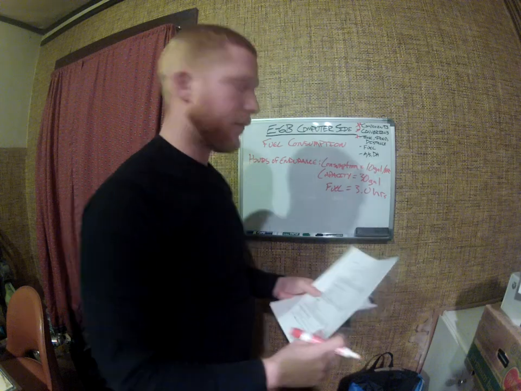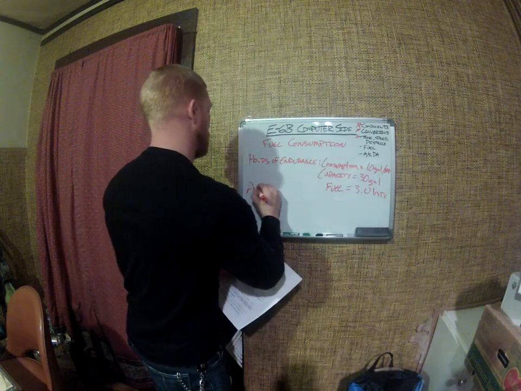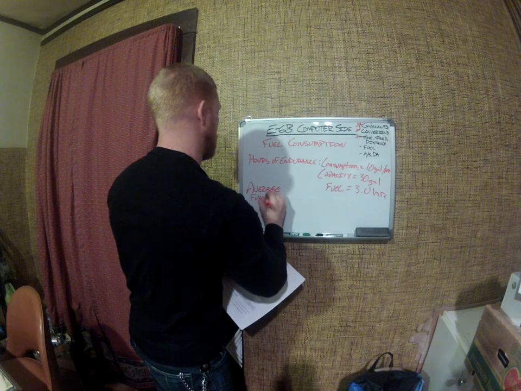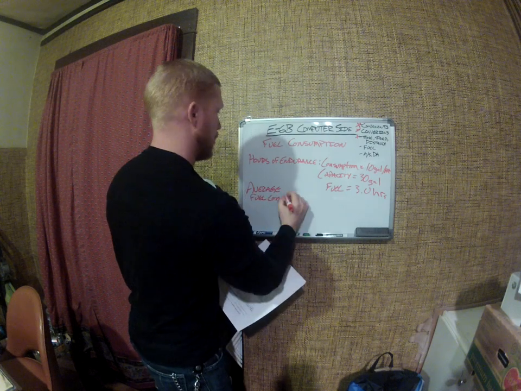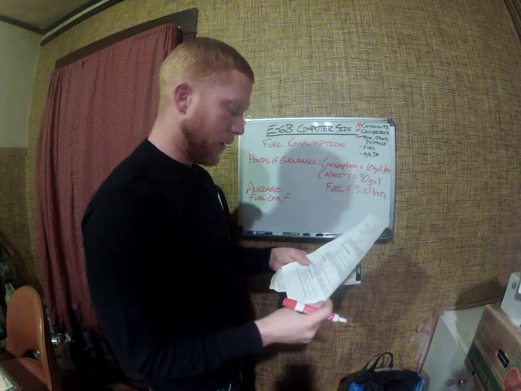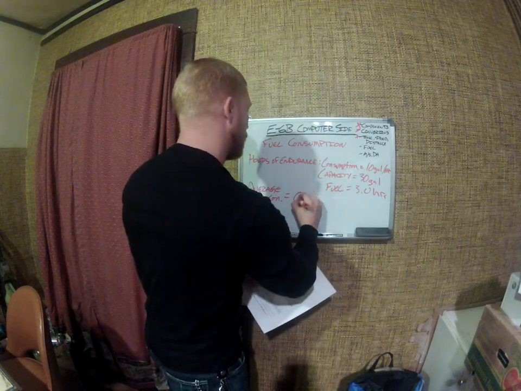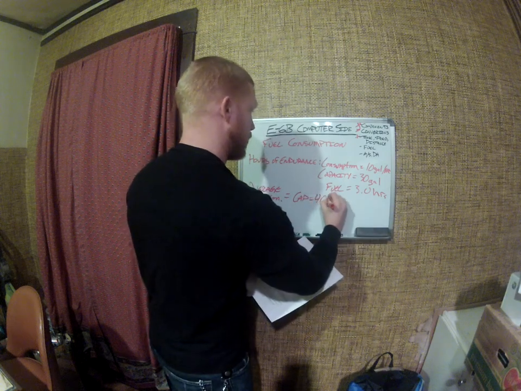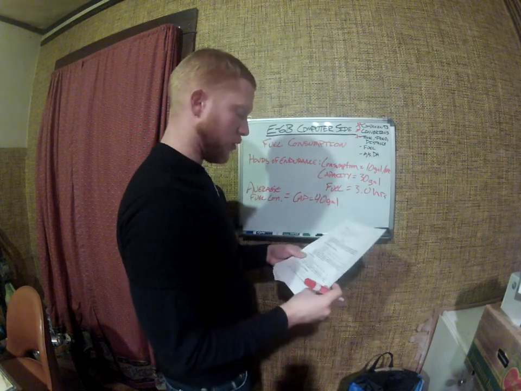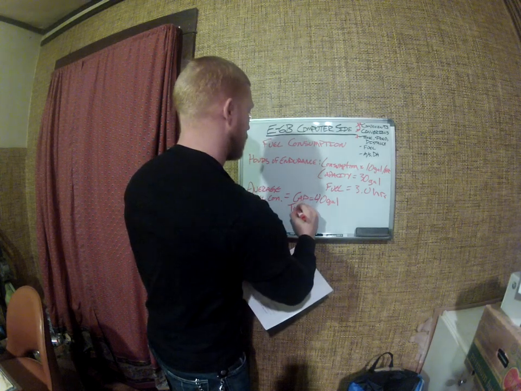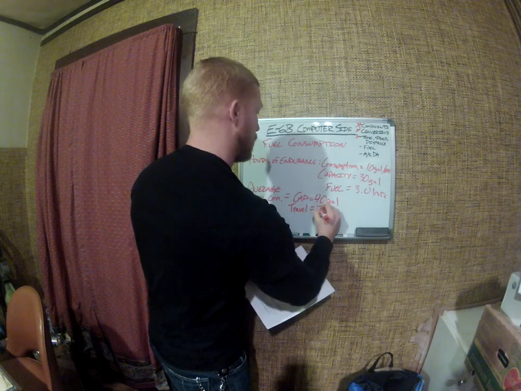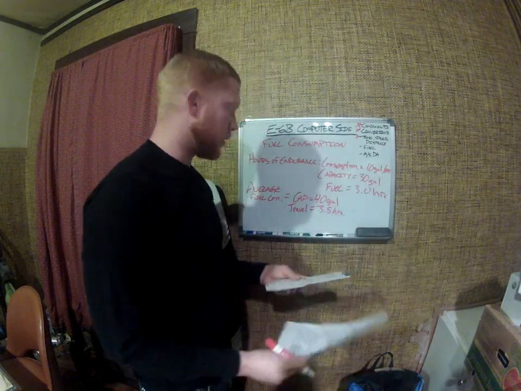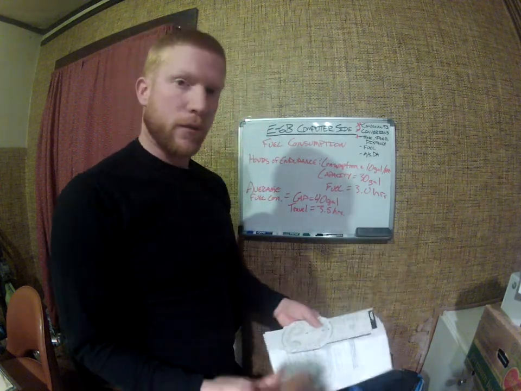Next we're going to do average fuel consumption. Okay. So here we have our capacity at 40 gallons. Our travel time of 3.5 hours. So basically we traveled 3.5 hours with 40 gallons of fuel.